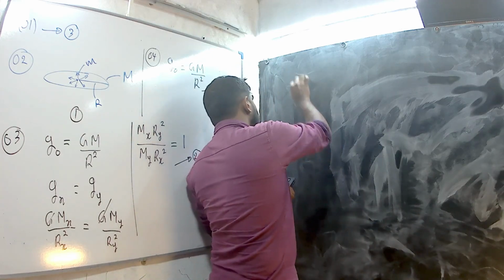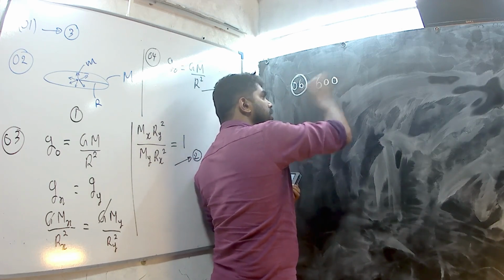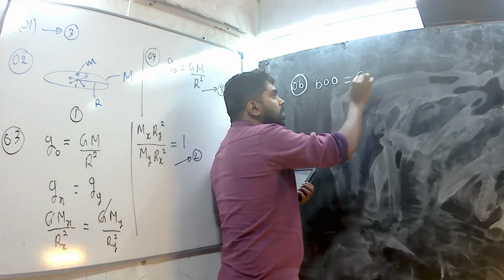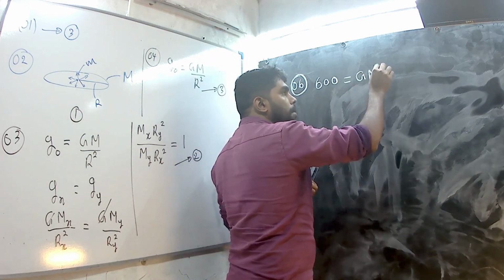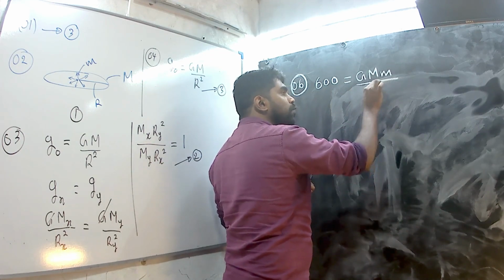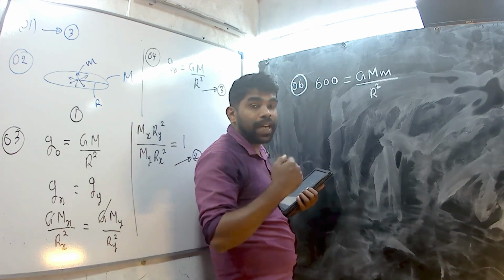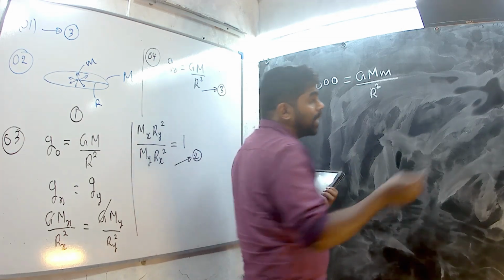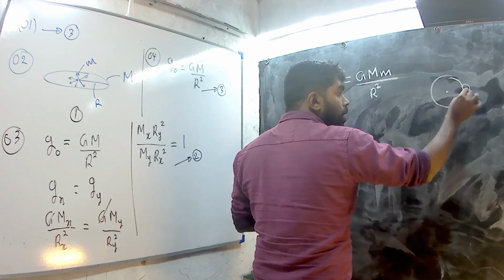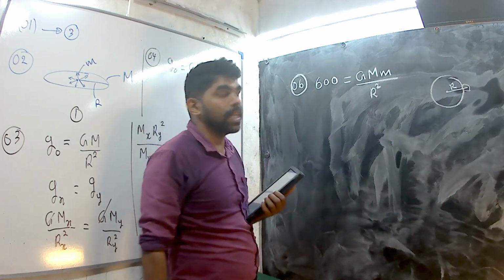We can write the gravitational force 600 on the Earth's surface as G, mass of Earth, mass of object, divided by the square of the Earth radius. Because when the object is placed on the surface of Earth, the distance between the two objects equals the radius of Earth.